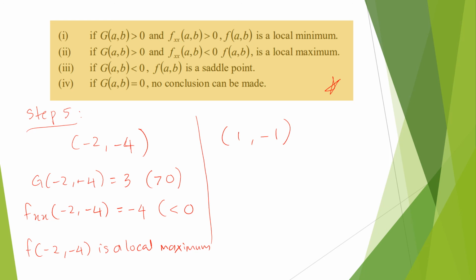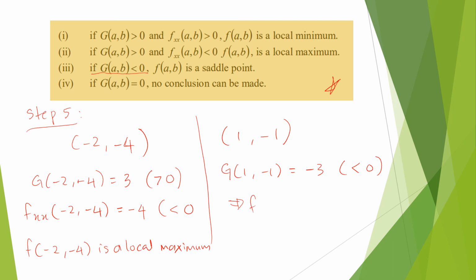Okay, so for 1, -1 here, G(1, -1) equals to -3, which is less than 0. Okay, so when it is less than 0, then we conclude that it satisfies this condition.